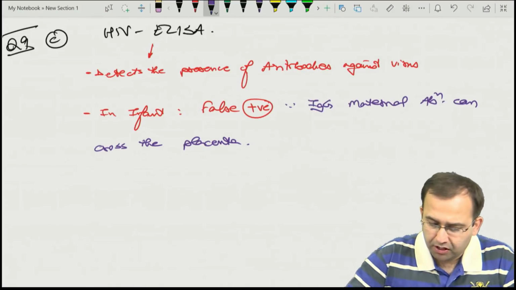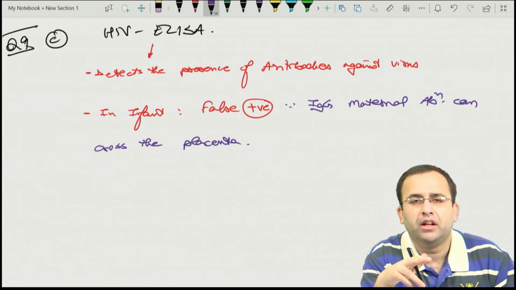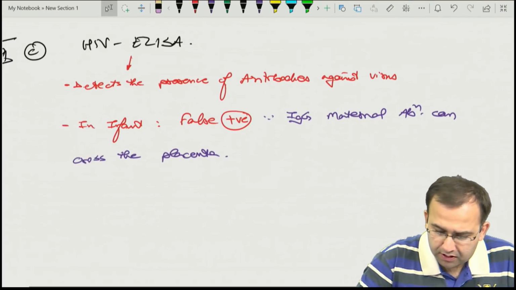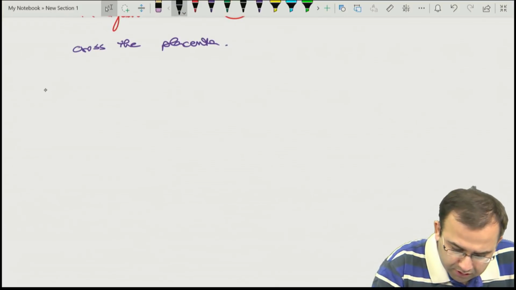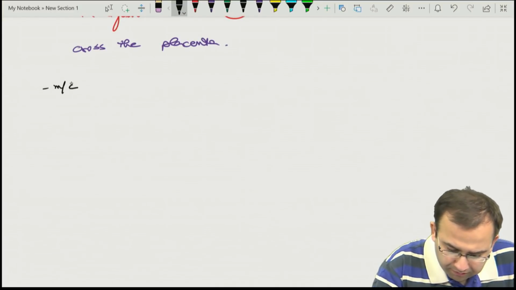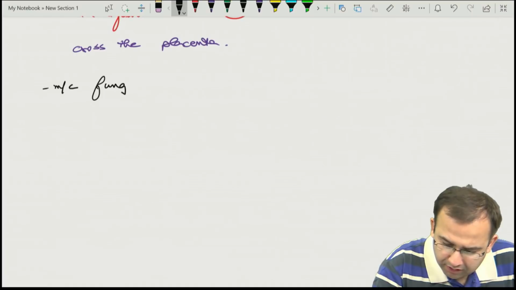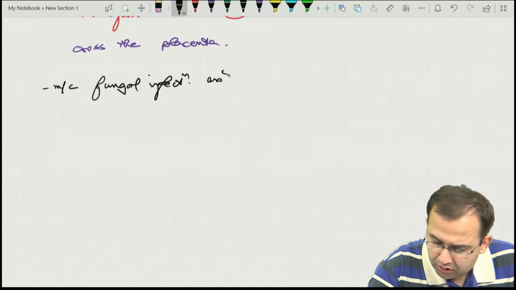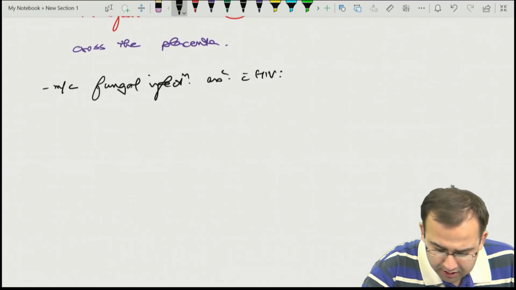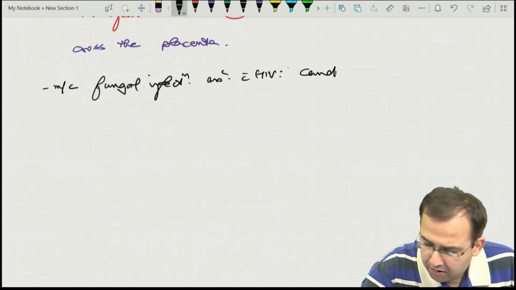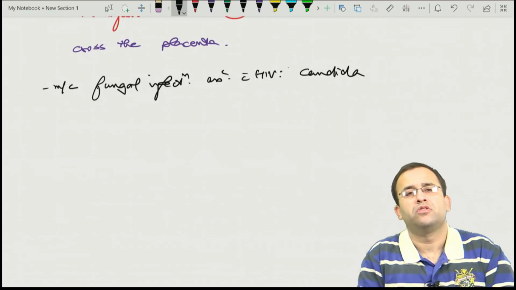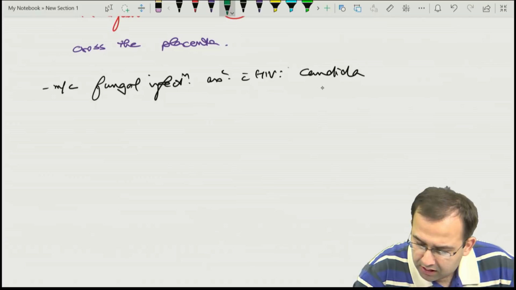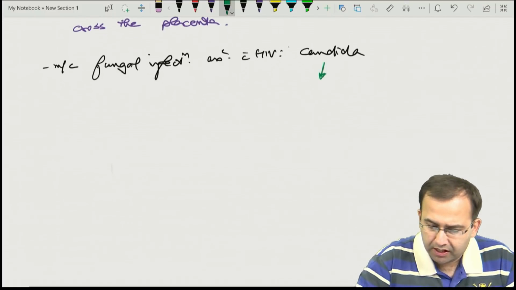Next point. With respect to HIV, numerous other one-liner questions are also asked. So let us have a look at those. First question: the most common fungal infection associated with HIV is Candida albicans. Next point, what are the sites of these candidiasis?